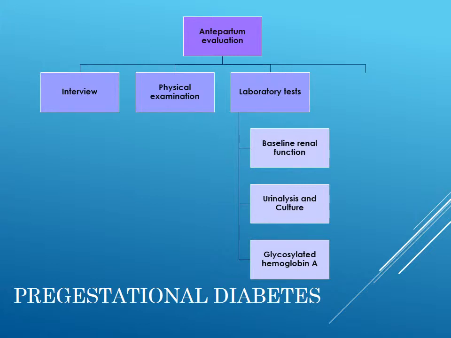The pregnant patient with pregestational diabetes needs to be monitored more frequently. During the first and second trimesters, prenatal visits will be scheduled every 1 to 2 weeks. In the last trimester, she may be seen as frequently as 2 times each week.